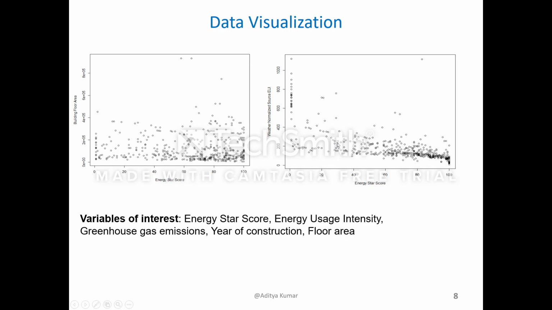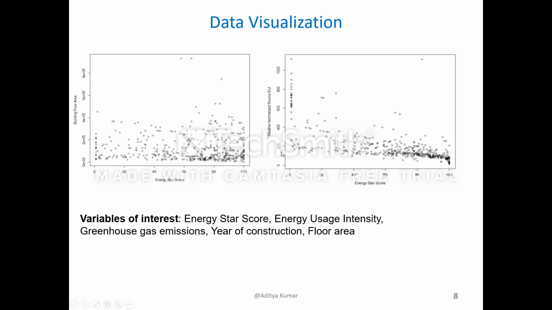When we consider this parameter as a function of the energy star score, we see a decline as the energy star score increases. A higher energy star score means that the building is more energy efficient, which would correspond to a lower energy consumption. So this relationship makes sense.